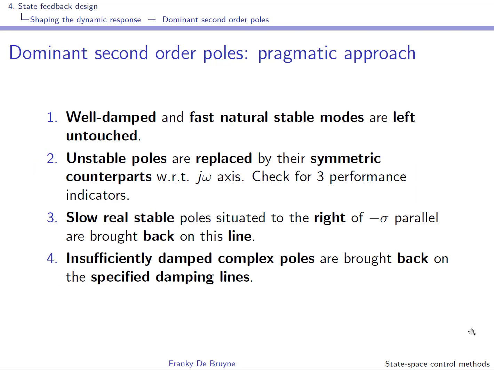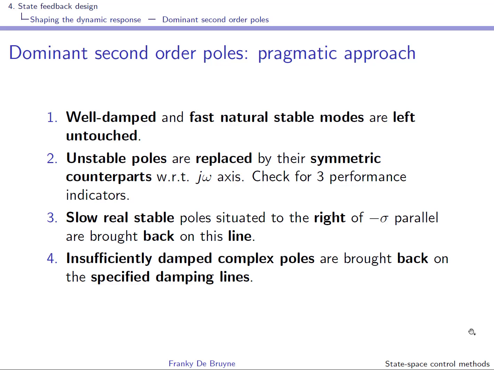So here's a pragmatic approach for the assignment of the dominant second order poles. First of all, stable modes that are fast and well damped should be left untouched, so there is no reason why you should move these.